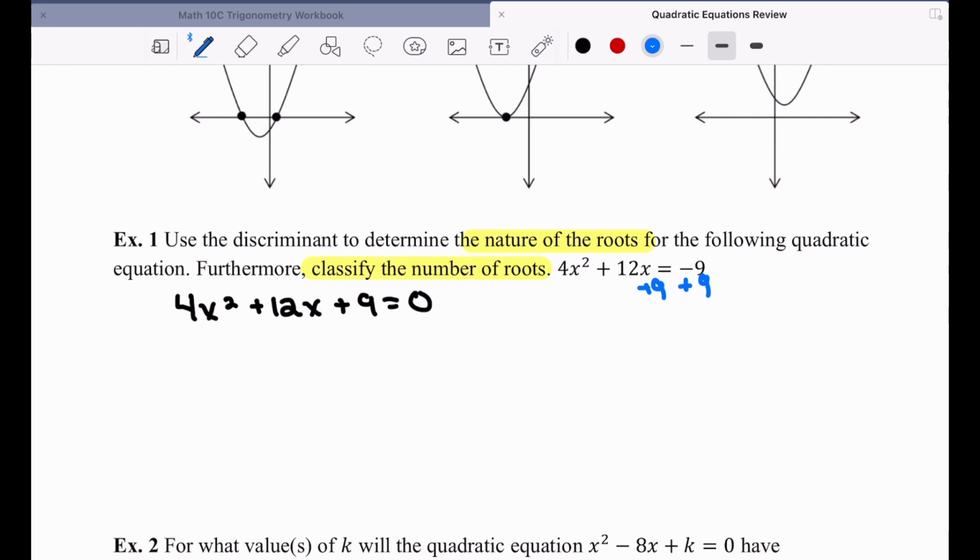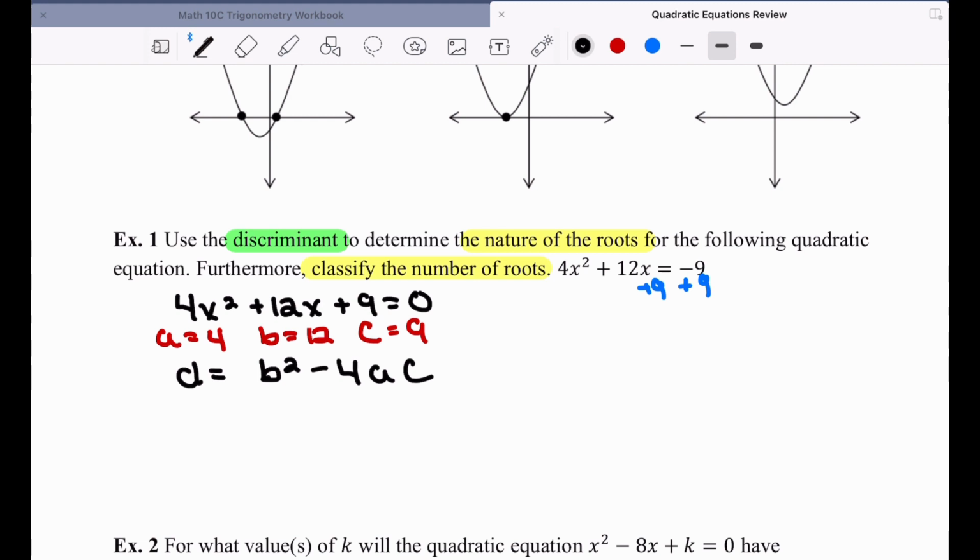Now that we have it in general standard form, we can use the discriminant to help us determine the nature of the roots. The discriminant is equal to b squared minus 4ac. So by identifying a, b, and c, where a is equal to 4, b is equal to 12, and c is equal to 9, let's sub these into our discriminant and see what we get.